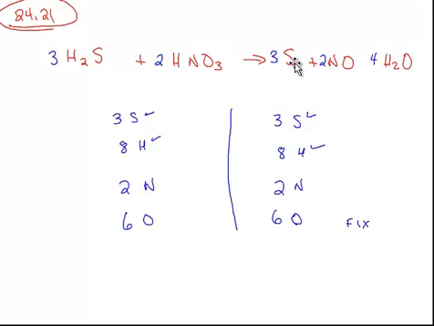That would be balanced. But that would mean I'd have 2 hydrogens here plus a 3rd one there, and only 2 there. So see how there's a problem with that? I have 3 on this side and 2 on this side. That's not balanced. So I have to jiggle the numbers to make it work.